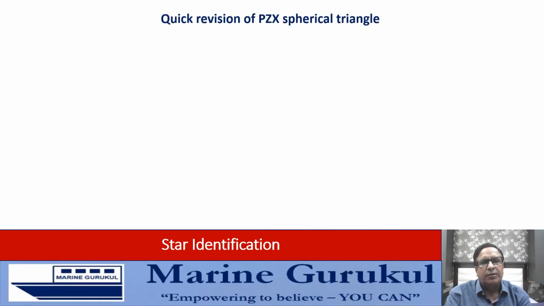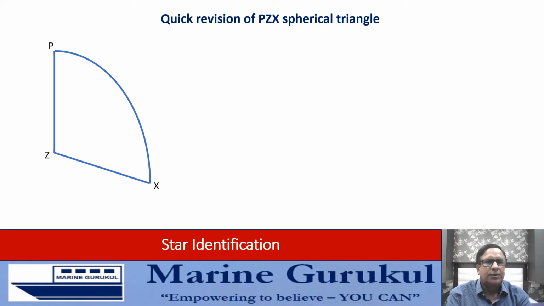Let's quickly revise the parts of the familiar PZX triangle. We have all seen this PZX triangle many a time, in which P represents the celestial pole, Z represents observer zenith, and X represents the celestial body. Side PZ, which is arc of observer celestial meridian, is called the colatitude and is always equal to 90 minus latitude of the observer.